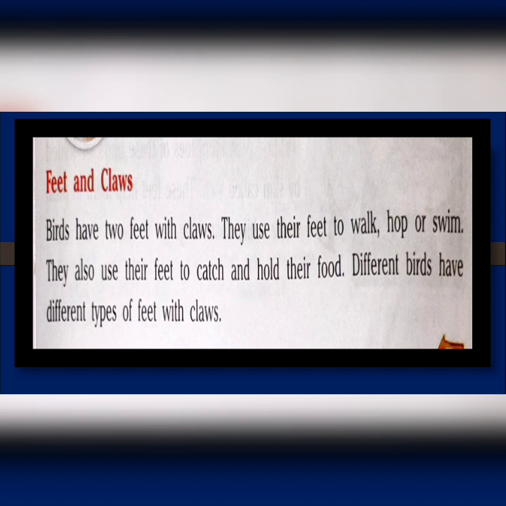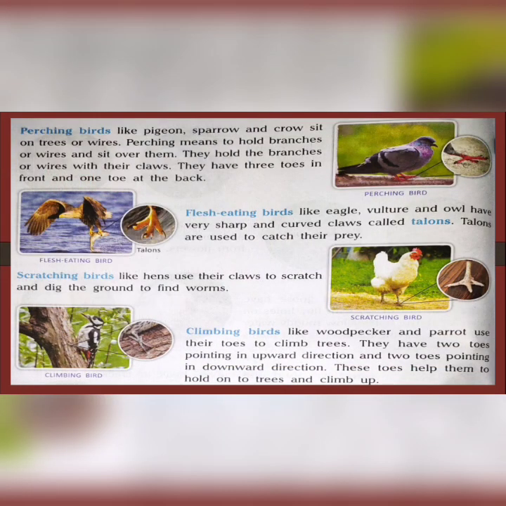Now we are going to recall that we learned about different types of feet with different claws. Depending upon the feet and claws, birds are classified as perching birds, flesh-eating birds, scratching birds, climbing birds, like that. We are going to learn about them one by one.